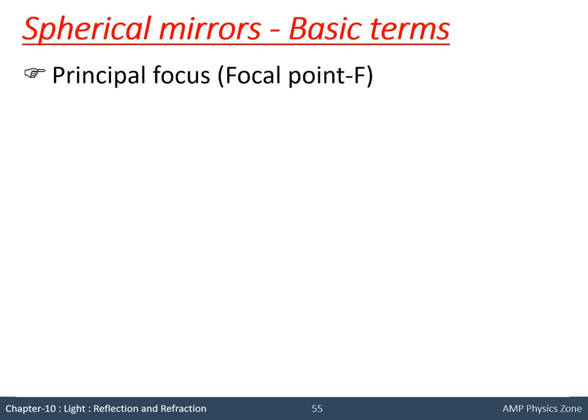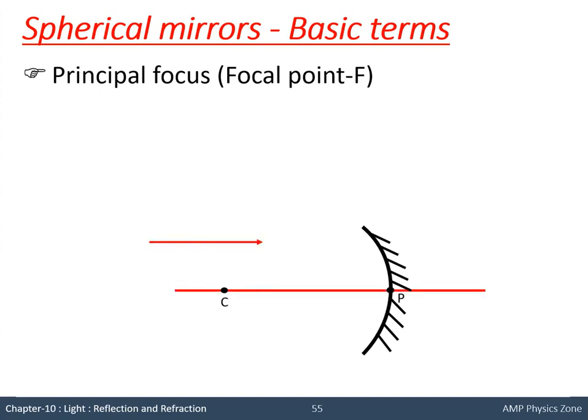Principal focus. Now it can be defined for both the mirrors separately. First we will take the concave mirror. A ray which is coming parallel to the principal axis, so this will be the normal.